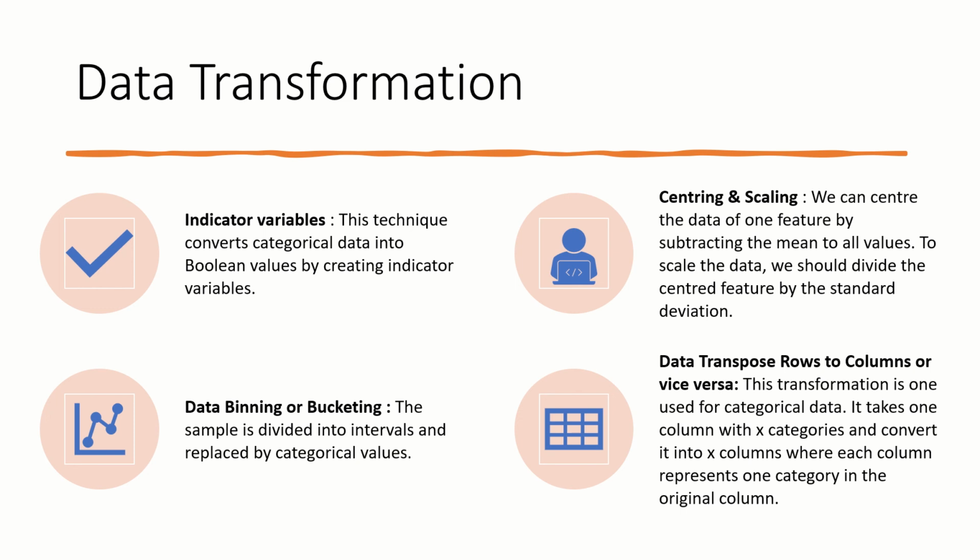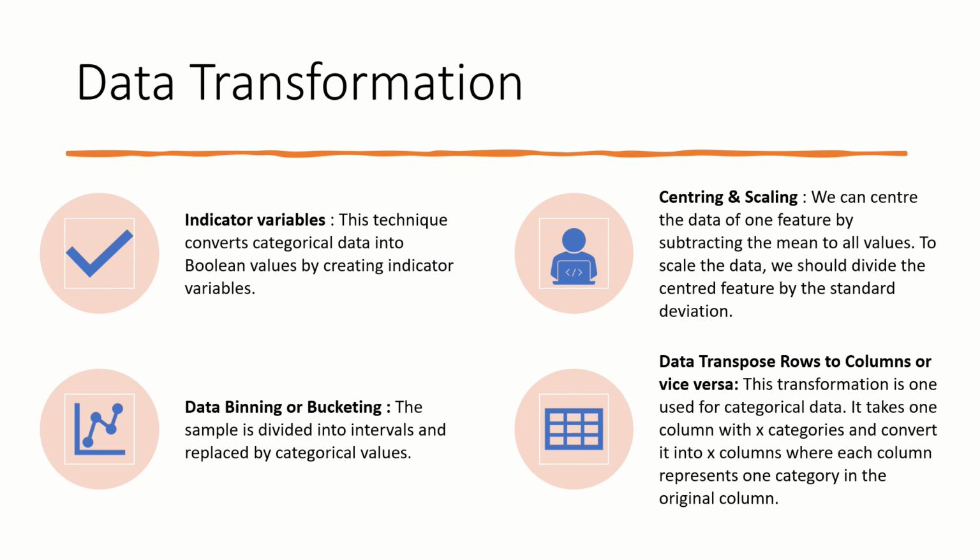When we use the output from the exploratory data analysis for data modeling, all the values should be converted into numerical values. So if there are any categorical variables, then we convert them into Boolean values, or it could be numerical values.